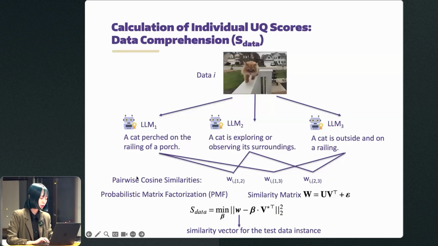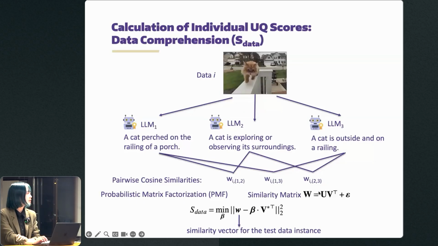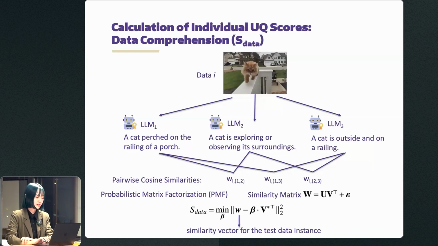Then we calculate the pairwise cosine similarities between these video descriptions. After we get these cosine similarity vectors, we can build a similarity matrix W. In W, each row means each data in the training set.